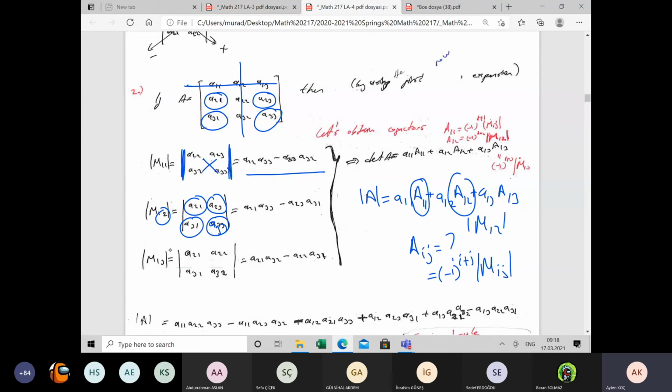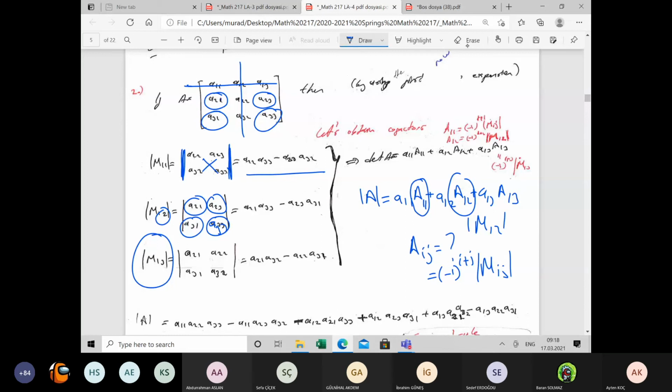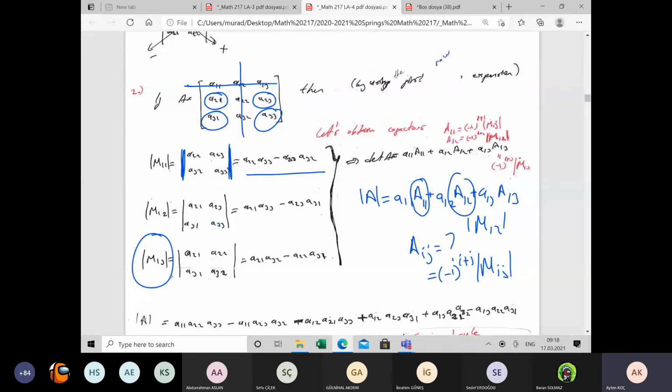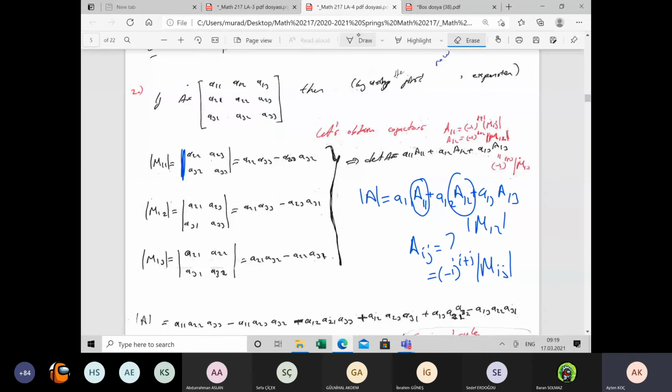So, and the next minor, M13, means delete the first row and column 3, and we obtain this one, M13. Compute the determinant of this 2 by 2 matrix. We know how to compute: multiply this product and minus this product. Yes. Any question?